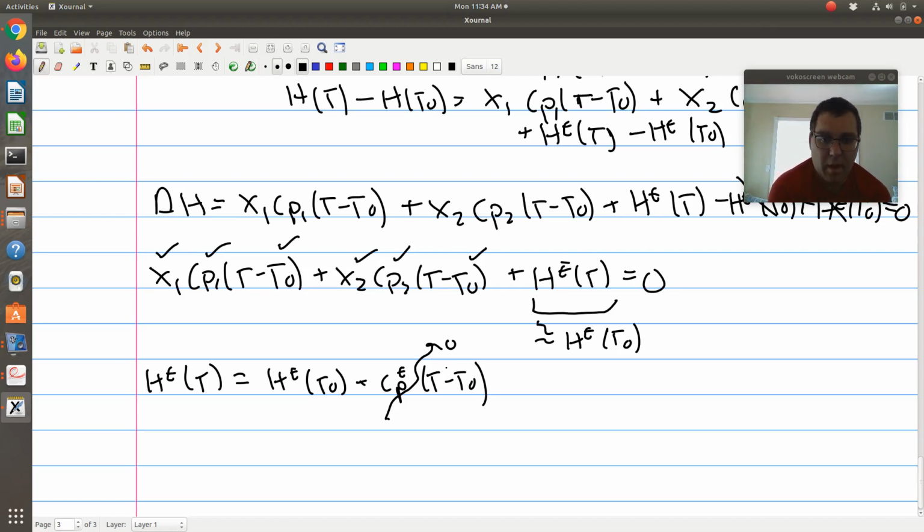If the temperature change is small, then that's reasonable, or if the excess heat capacity is small, negligible, or approximately equal to 0, it'd be equivalent. So you're assuming the excess heat capacity is close to 0, or the temperature change is small and can be neglected. If you assume that the excess enthalpy at T is approximately equal to the excess enthalpy at T naught, then here we go. We have an expression we could solve for T. And that's it.